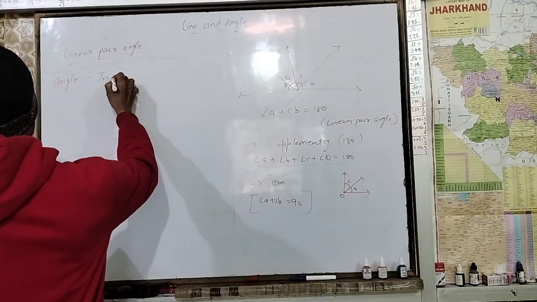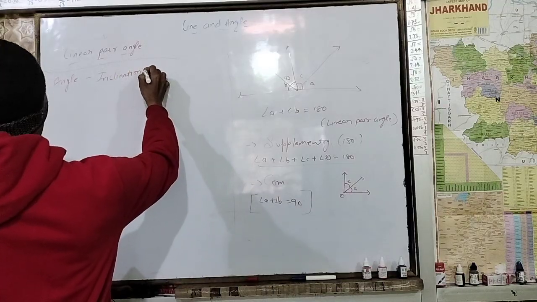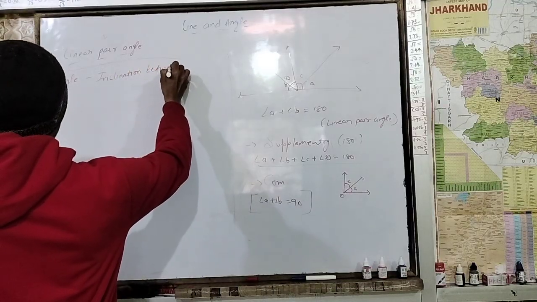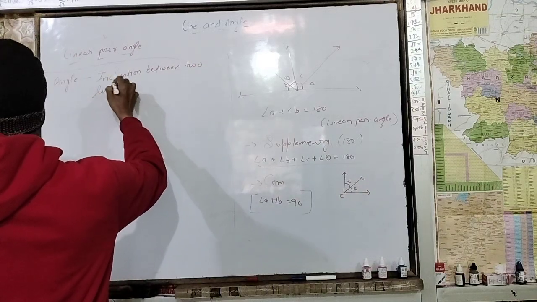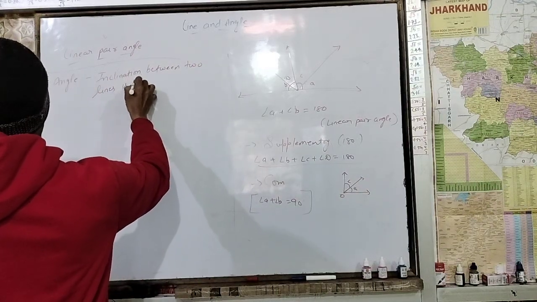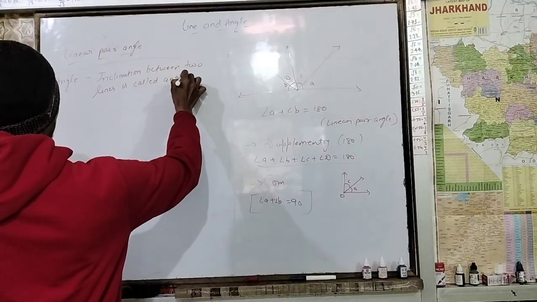Inclination between two lines is called angle. Got it?